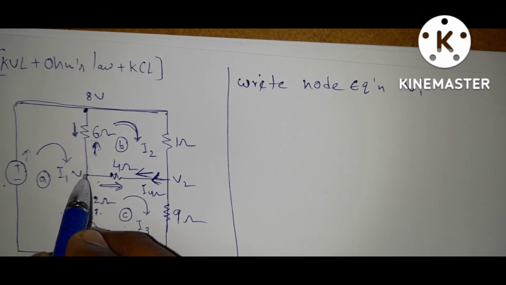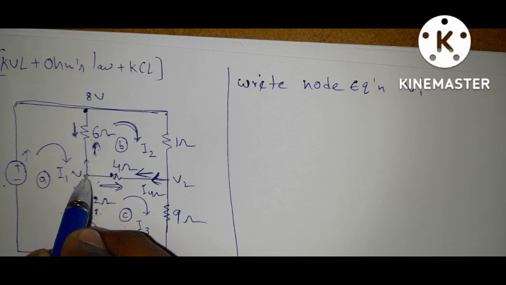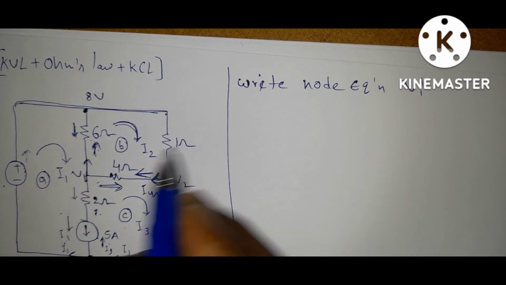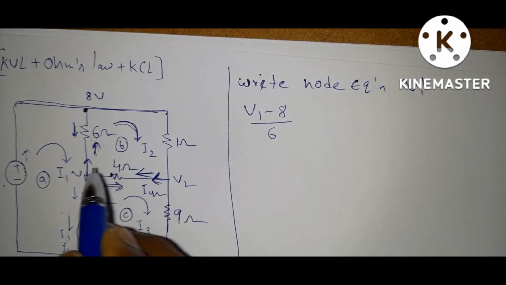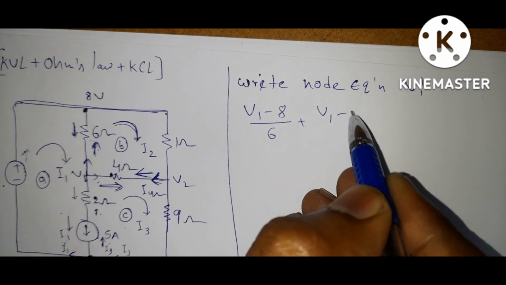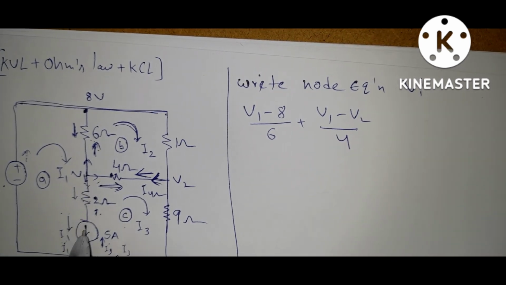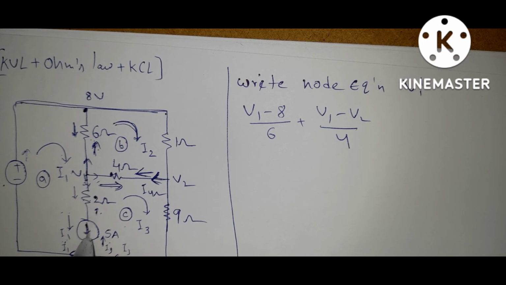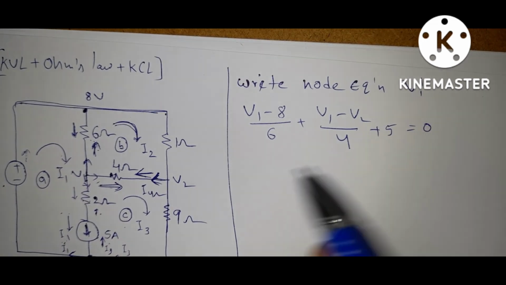If this node has the highest potential, all currents must leave this node. So the current leaving this node is V1 minus 8 by 6. And here the current leaving this node is V1 minus V2 by 4. And this branch current is this source current, so here it is plus 5 is equal to 0.